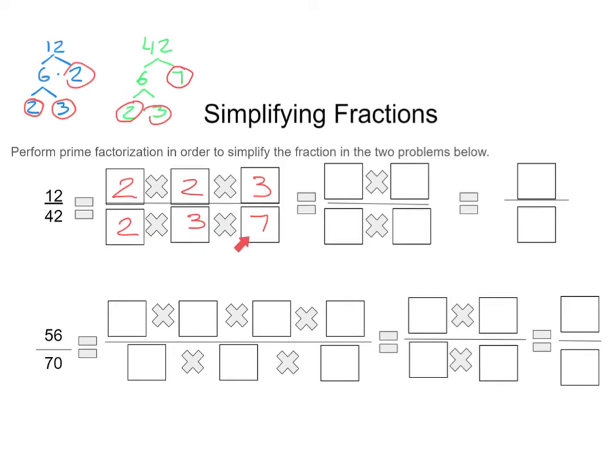They're all prime numbers. Now we're going to circle common factors between 12 and 42. I'm going to use a little bit thicker pencil. So I can see 2 is a common factor and 3 is a common factor.